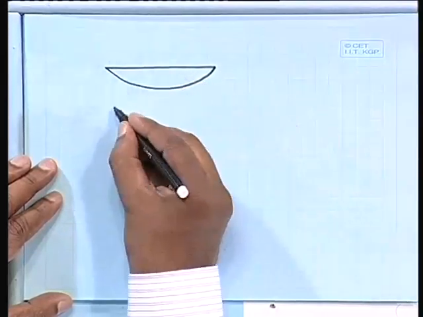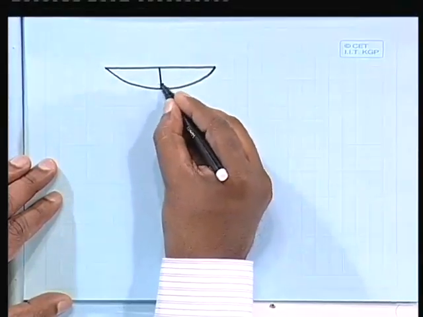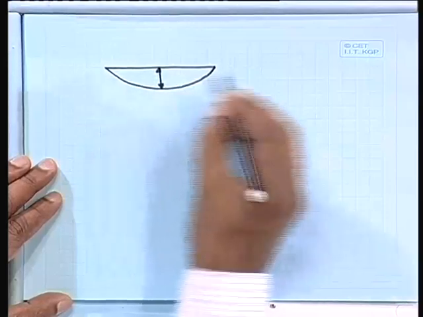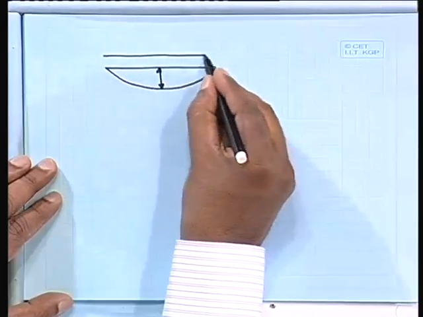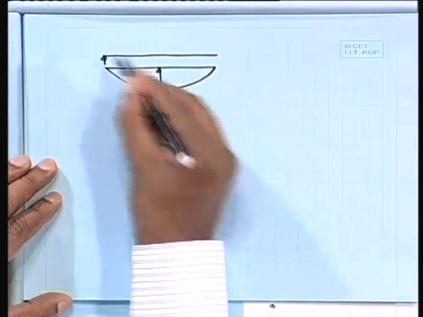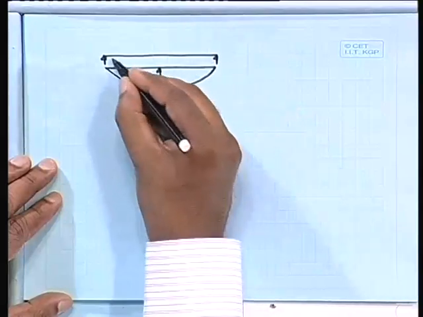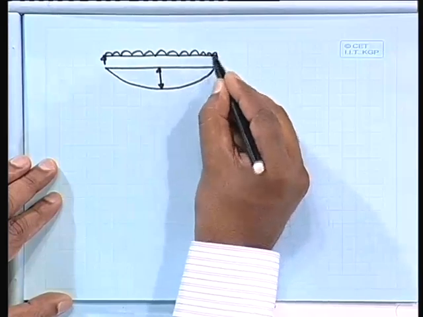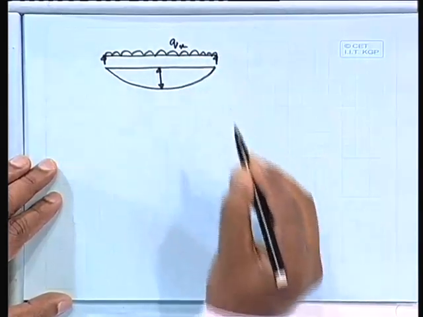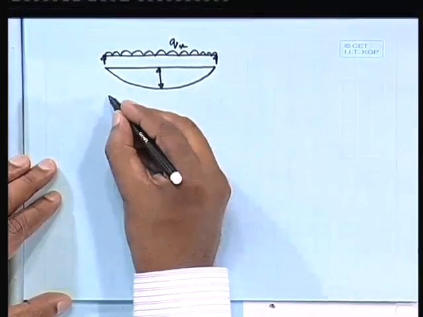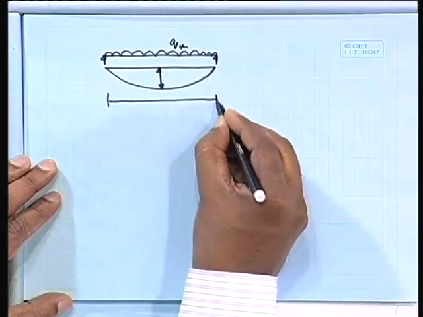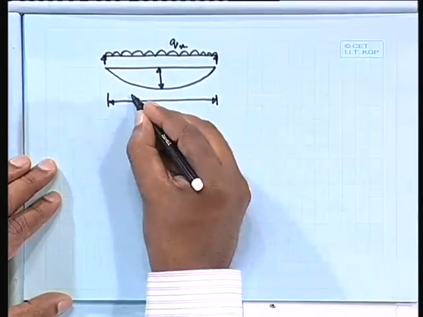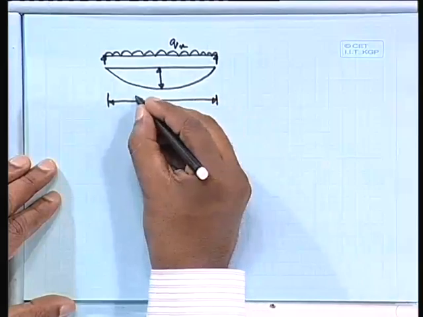So, if this is your Lx, as if we are having one beam, or whatever we consider a plate, with Qx, and this is the span, that we are calling Lx.